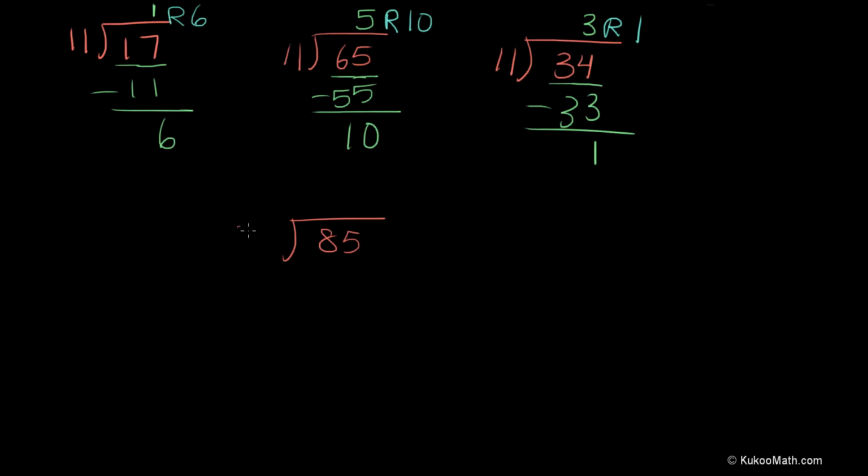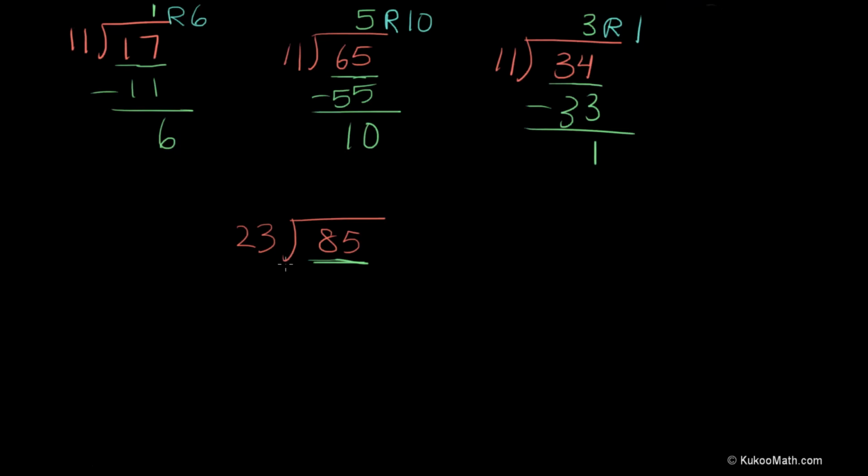85 divided by 23. First we look if we can do 8 divided by 23. And we can't, so we continue on to do 85 divided by 23. We don't know 23's multiplication table. We only know up to 12.